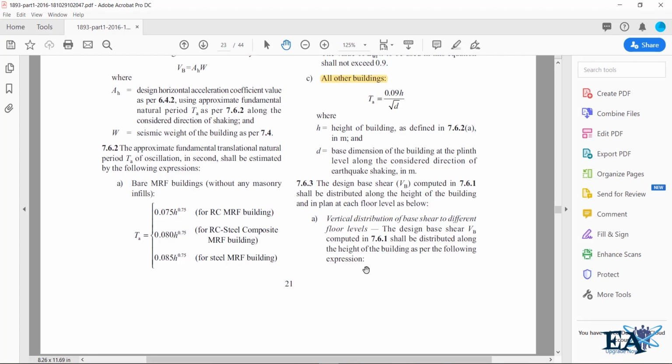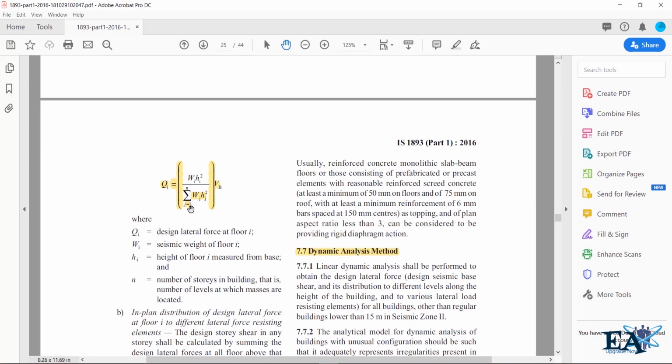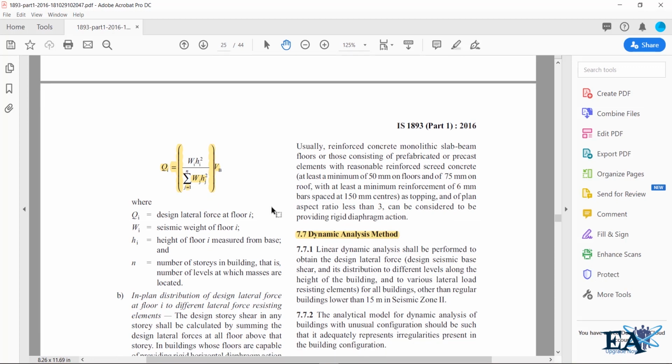So design base shear VB computed in 7.6.1 shall be distributed along the height of the building as per the following expression. So using this formula, you have to distribute the base shear. Please check this formula in the code. I cannot explain this right now in detail.